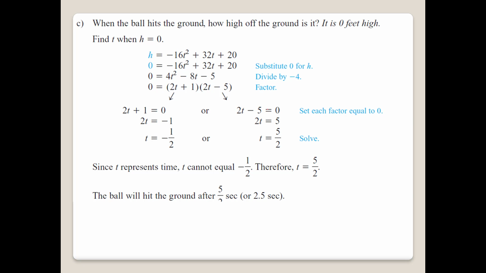So we're looking at t equals 5/2, which is 2.5 seconds. So the ball will hit the ground after 2.5 seconds. Alright, so that takes care of solving applications of the quadratic equation. Hope you learned a little something. I'll see you next time.